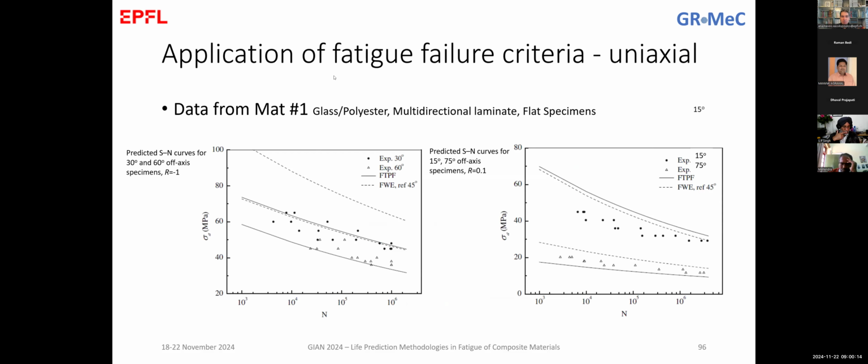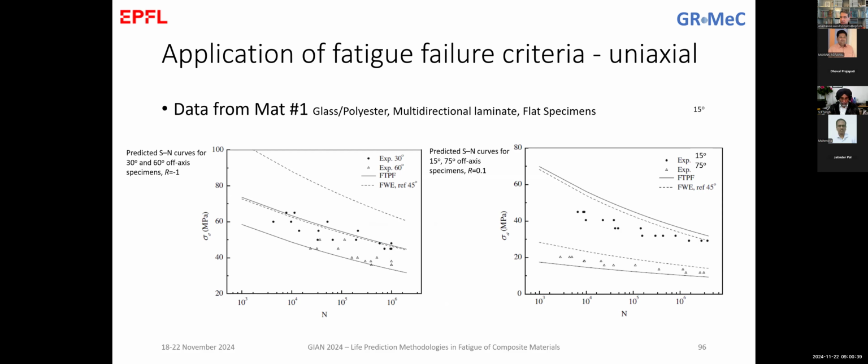So if we try to apply the failure criteria on the first material that we investigated during these presentations, and we compare here the FTPF with Fayaz, you see again the comparison is not favorable for the Fayaz and Elin failure criteria.